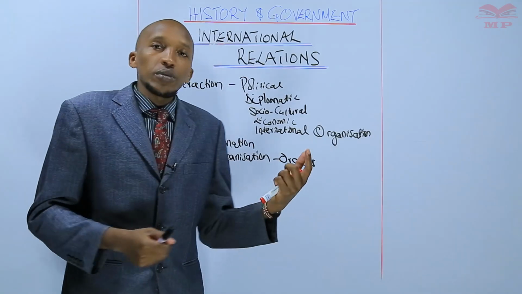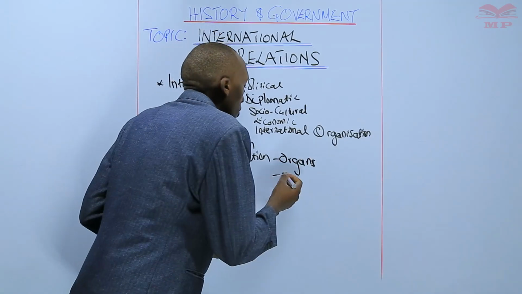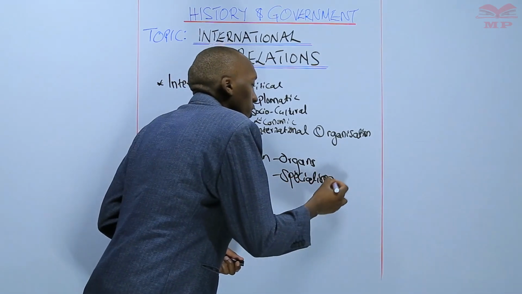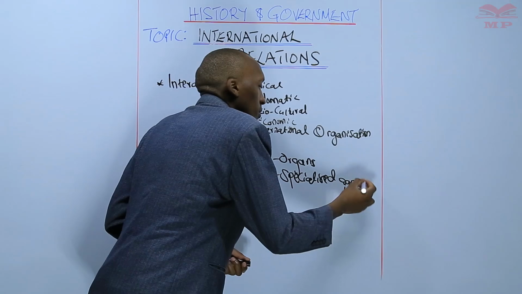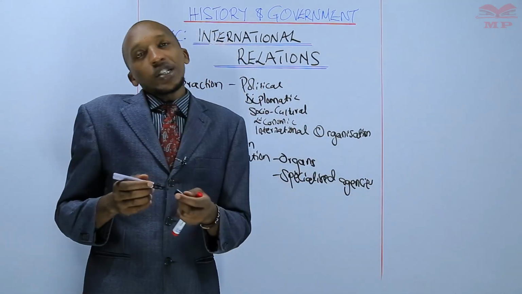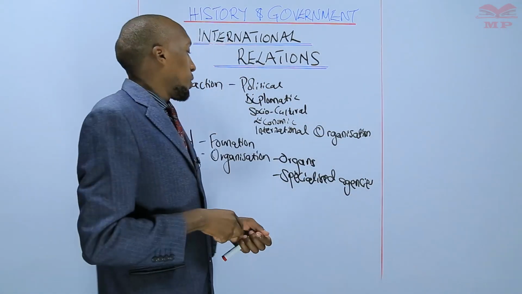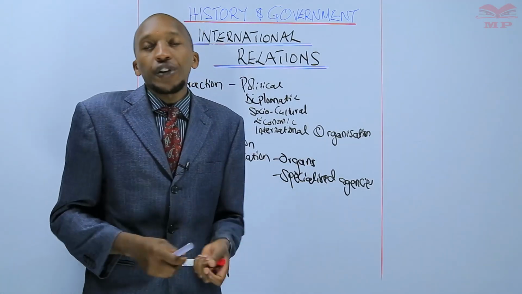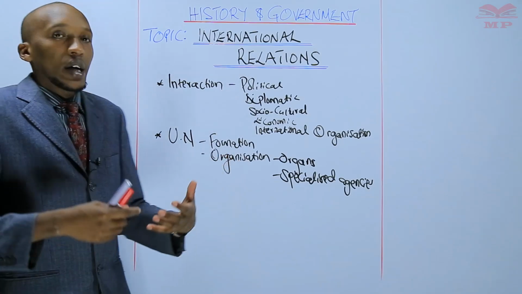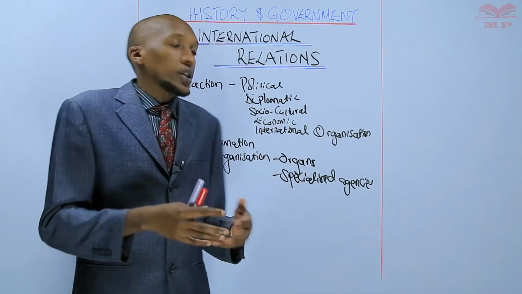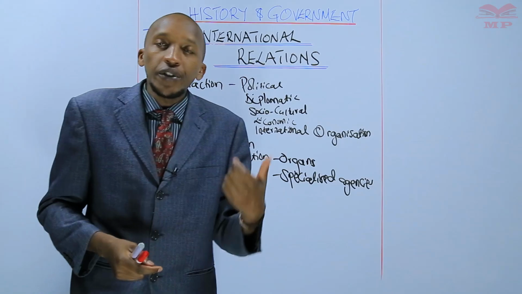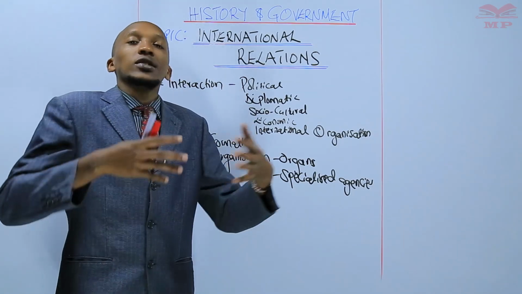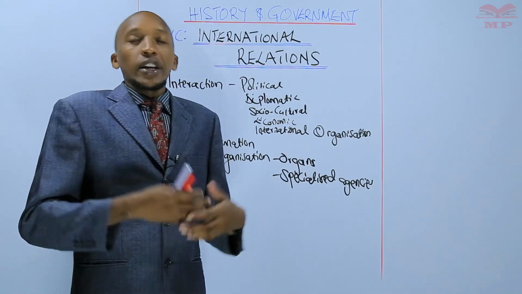Apart from the organs, we studied the specialized agencies. We mentioned many agencies affiliated with the United Nations, and they have different duties helping the UN to achieve its mandate, which is the biggest mandate of the UN, to make sure that there is international peace and cooperation.